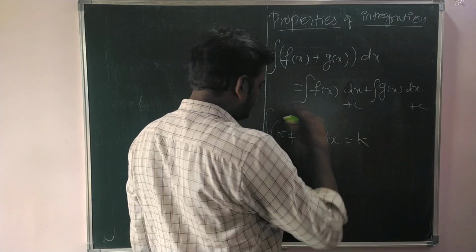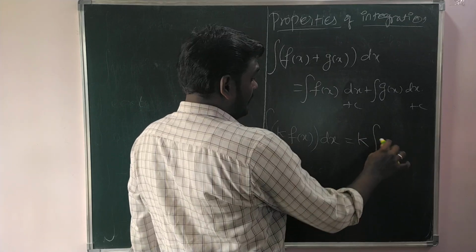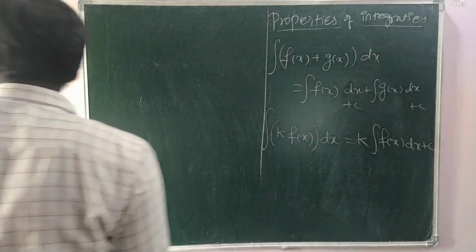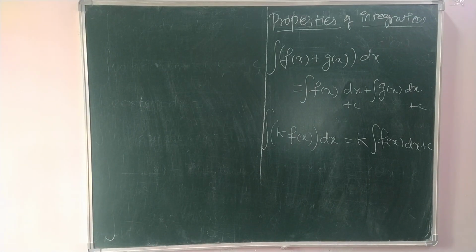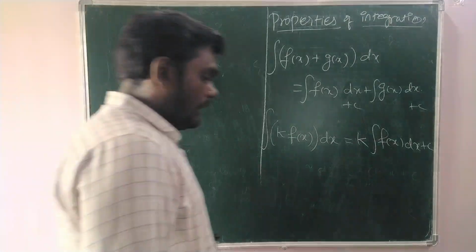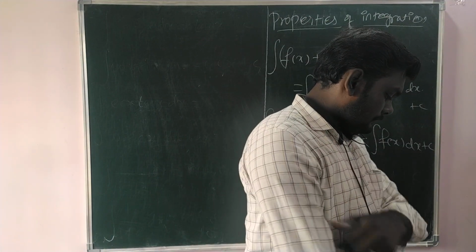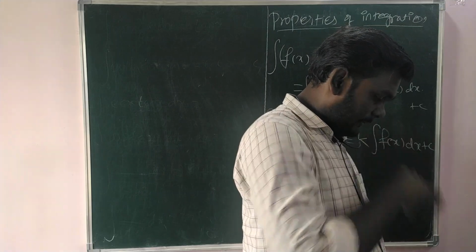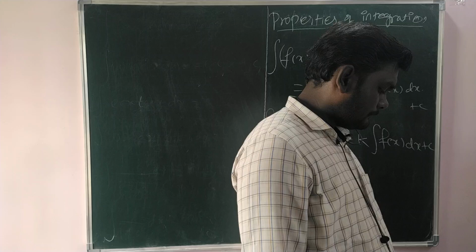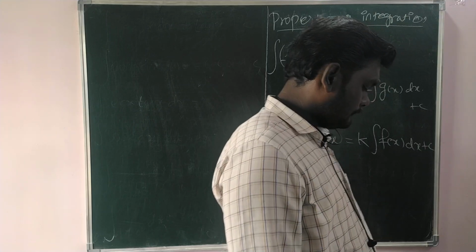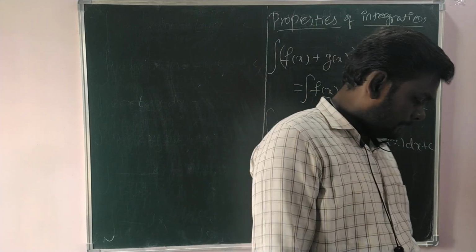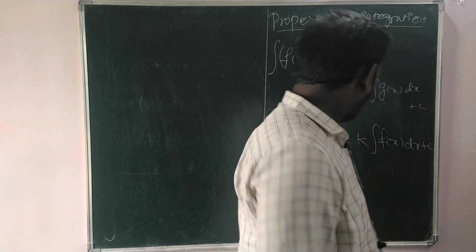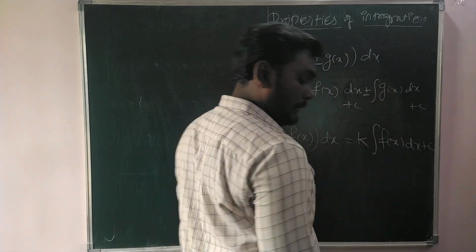We'll keep it aside. Then with k kept aside, the integral of f of x alone can be calculated. That's pretty much everything. Only these two properties we have: constant multiplication, and two functions added or subtracted. Addition and subtraction are the same.